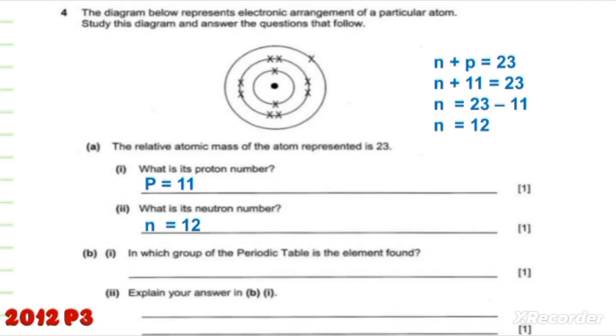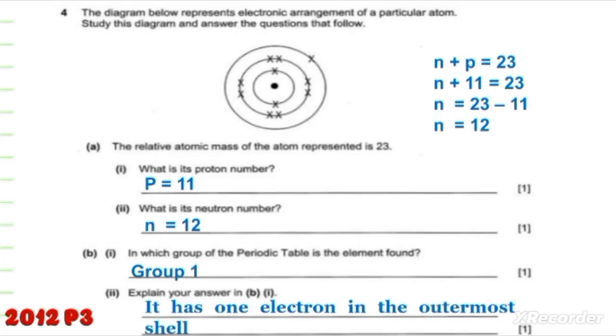We move to the next question, which is question B, Roman numeral 1. In which group of the periodic table is the element found? Sodium is found in group 1. B, Roman numeral 2: explain your answer in B, Roman numeral 1.